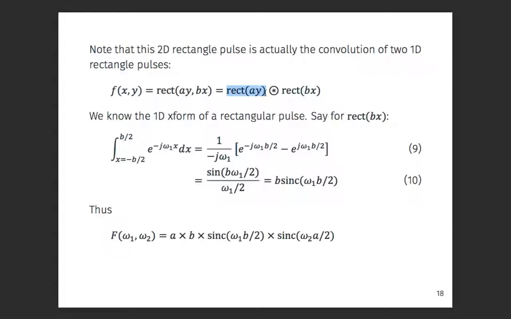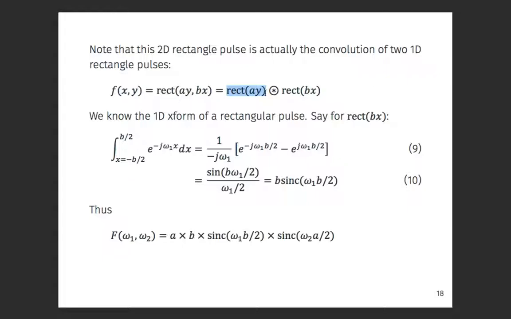So basically what's going on in x and y is independent. Because of that, I can separate it and just say it's a convolution of these two signals. Coming back to your blur function, that makes sense: the blur function was the convolution of itself taken in the x and y directions. And here we do the same for the rectangle.